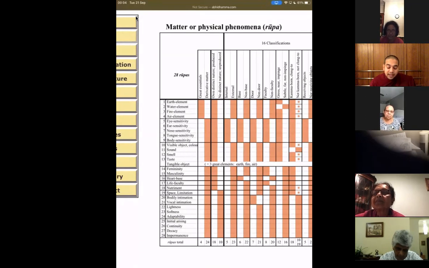Now you take, for example, number 19 right there, which is space limitation. Actually we can go: space, bodily intimation, vocal intimation, lightness, softness, adaptability, initial rising, continuity, decay, impermanence. These are functions which are not produced. It is a nature which is unproduced.